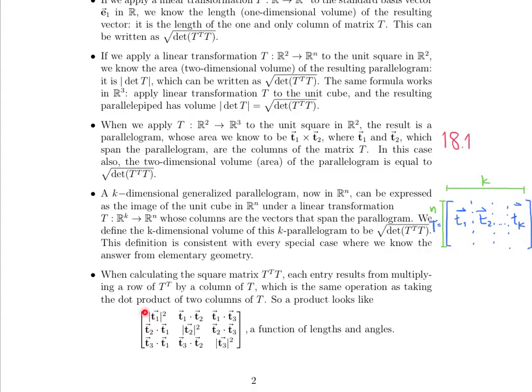So it's actually the length of T1 squared. And then you'll see that in each of these we have dot products between T1, T2, T1, T3, T2, T1, T3, T1. And along the diagonal, we have the squares of the lengths. So the product ends up looking like this. It's a function of lengths and angles of the various vectors that make up the columns of T.